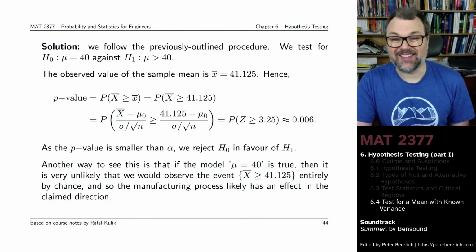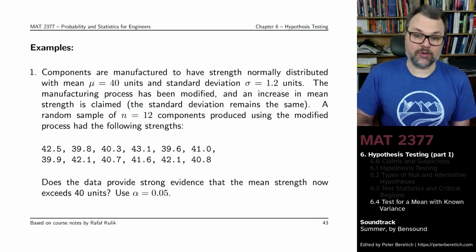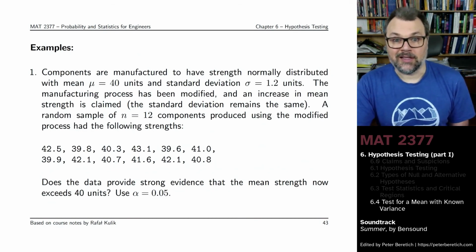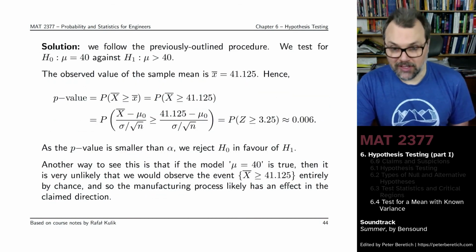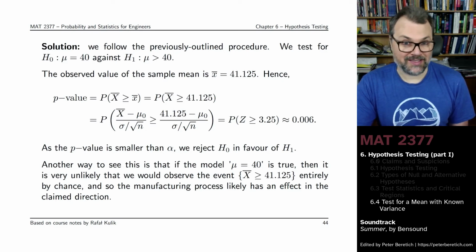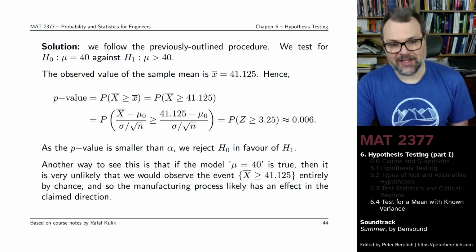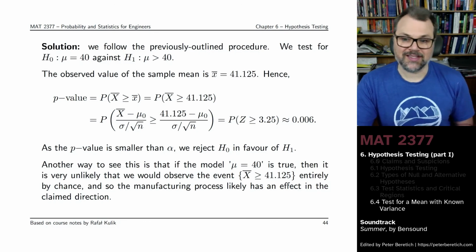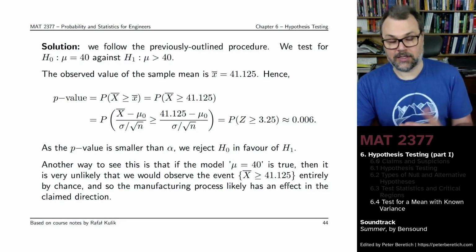There's a 0.6% chance that this is what we would observe by chance. The only possible explanation, if you don't believe this is happening only by chance, is that the manufacturing process has had an effect in the claimed direction.